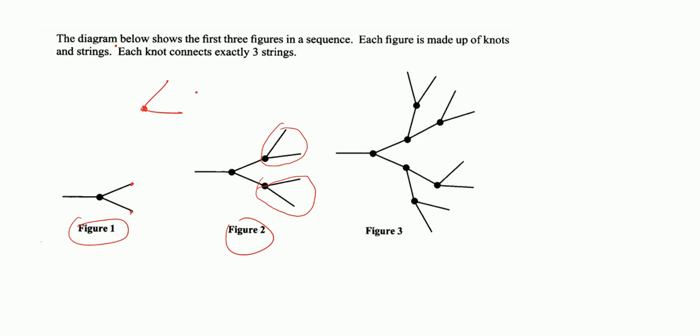As we move from figure 2 to figure 3, we notice that we've added this, and this. And what you had to do now was draw the next figure in this sequence.